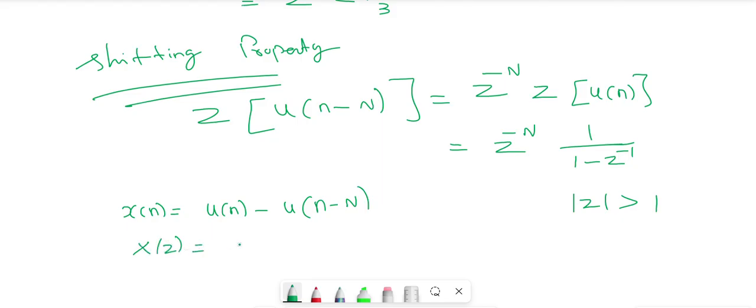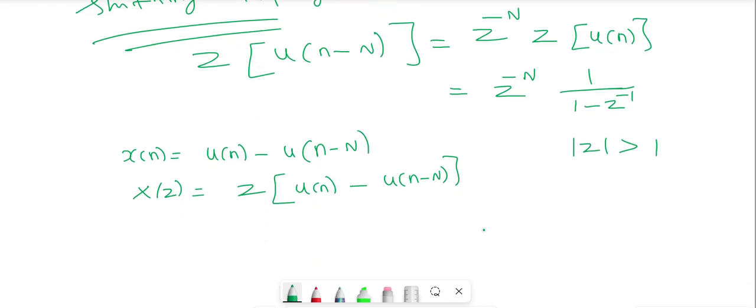You can write the Z transformation of u of n minus u of n minus n. The transformation of u of n is 1 by 1 minus z inverse, where the modulus of z is greater than 1.